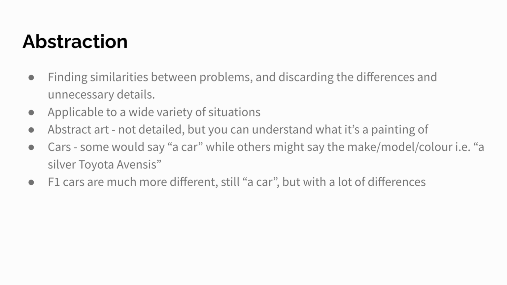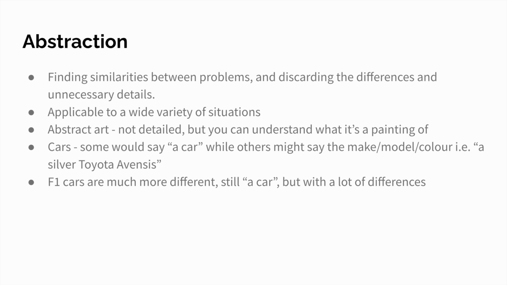If we take an example, for example, a car, we could go out into a car park and find a car and say, that's a silver Toyota Avensis. But we can also just say that it's a car, and that would be abstracting, because if we need to know whether or not it's a car, we don't need to know the make, the model, the mileage, the technical specifications. We just need to know, is it a car?